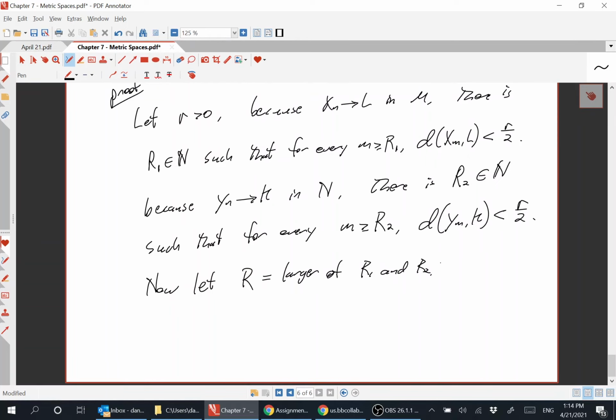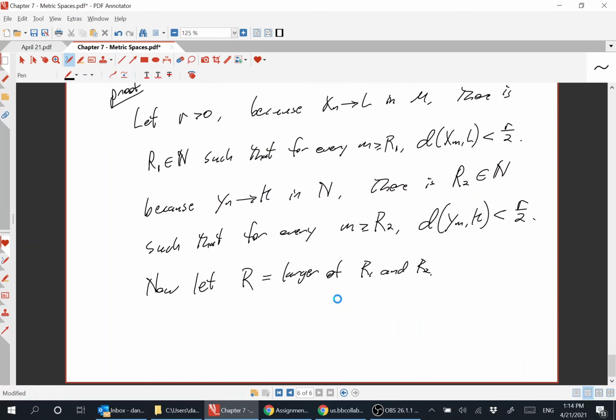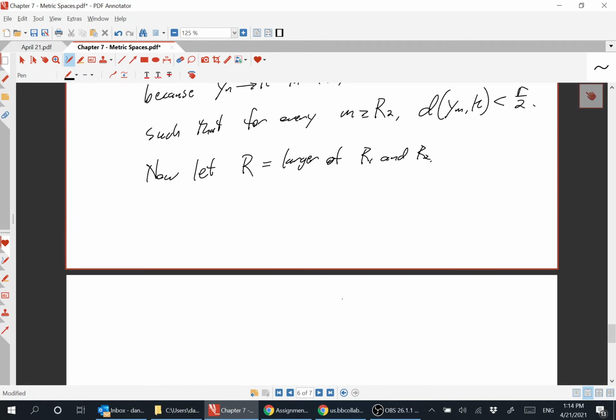So now if m is bigger than or equal to R, then m is bigger than or equal to R1 and m is bigger than or equal to R2.